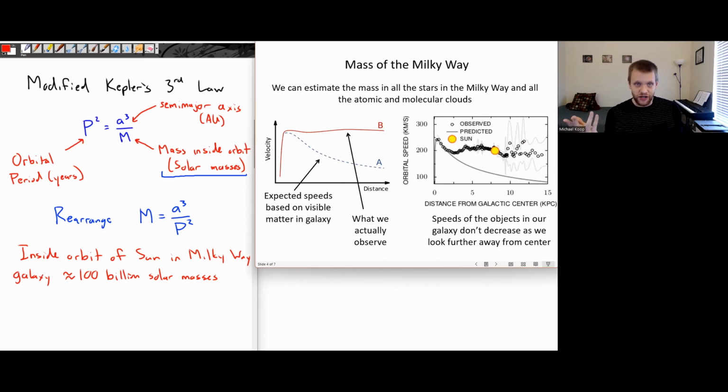So you might ask yourself, how do the predicted speeds compare with the actual speeds? In this case, they really don't match up. There is something that we are missing here. Our predicted values did not match the actual observations that were taken. Instead of the speeds dropping off quite dramatically as you get further away from the galactic center, those speeds stay very high.